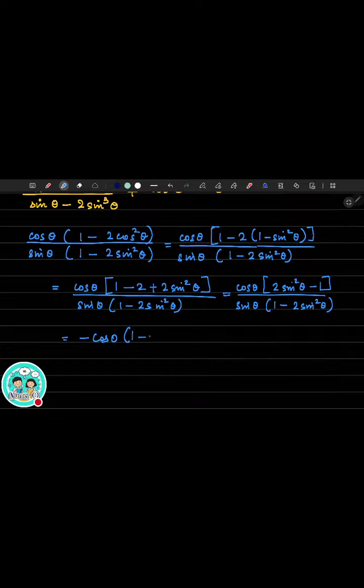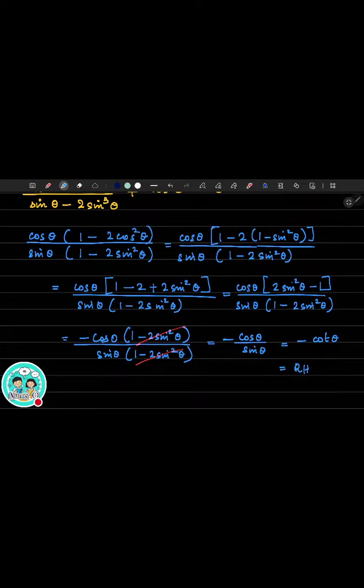So plus 1 minus 2 sin square theta, when you are taking negative of 1 common, whole divided by sin theta multiplied by 1 minus 2 sin square theta. Now we can see that these two terms are the same. What we are left with is just minus of cos theta divided by sin theta, which is nothing but minus of cot theta.